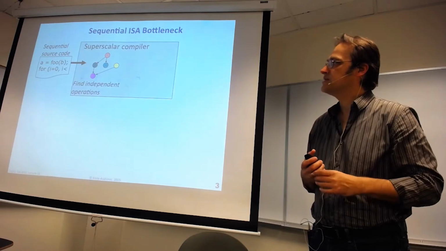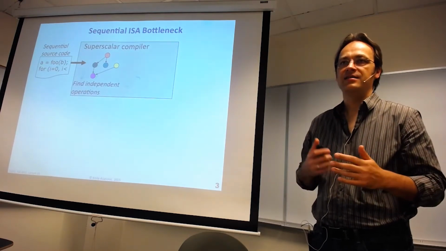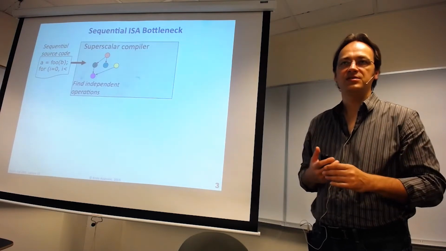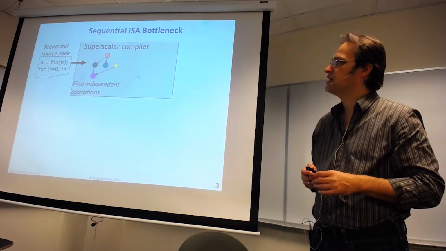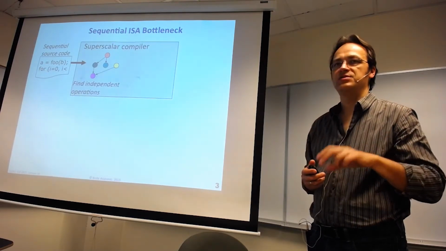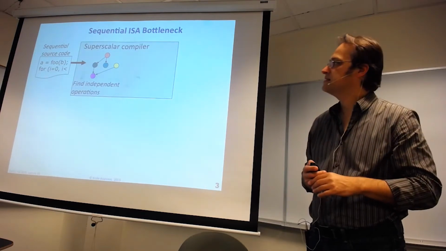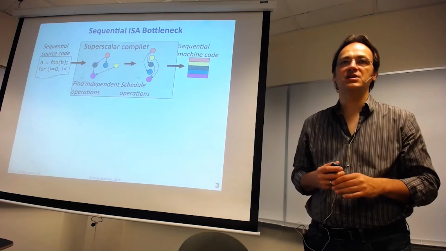The superscalar compiler then looks at that source code, breaks it down into independent operations, and then tries to find the parallelism between those operations and schedules them in some order, and comes up with a parallel schedule. But having looked at the sequential source code, it then has to produce a binary for the sequential ISA. So it then schedules them and emits sequential machine code.